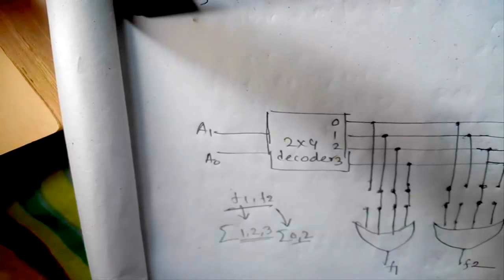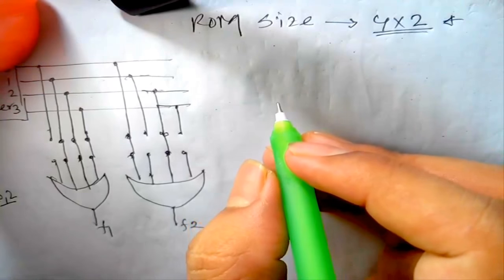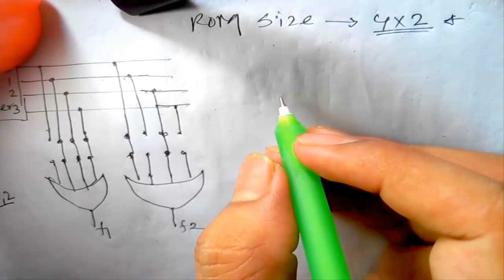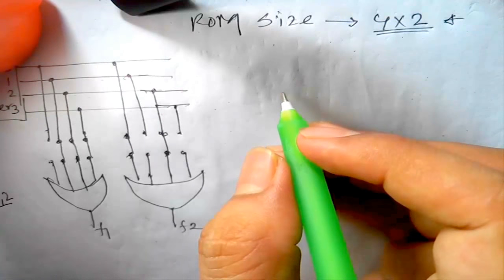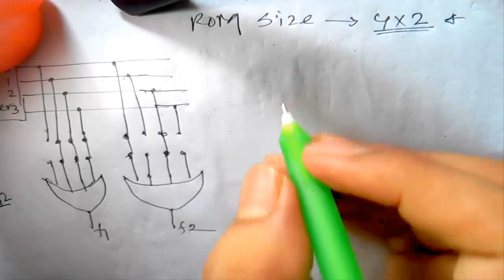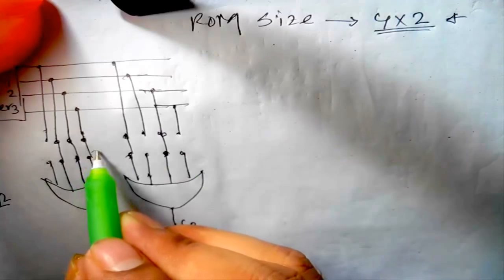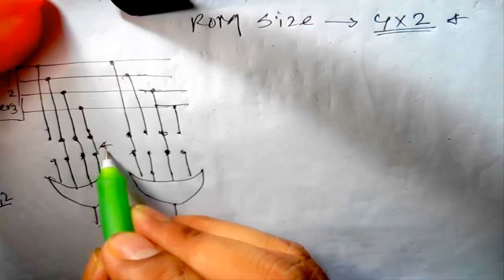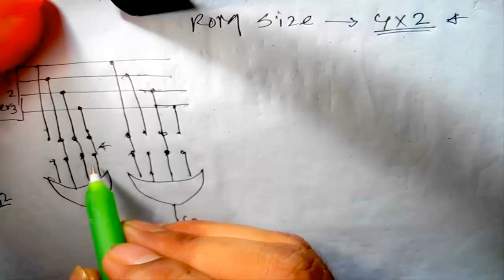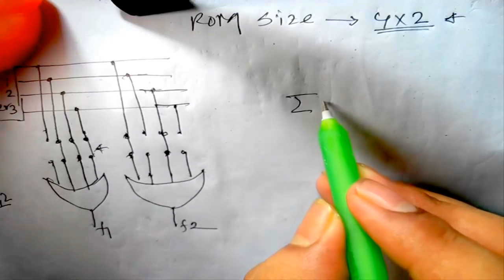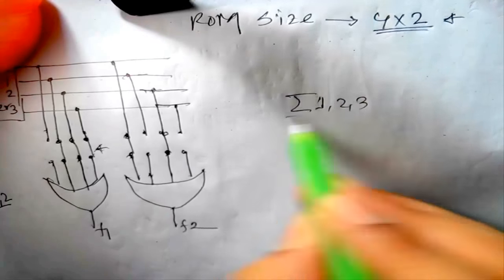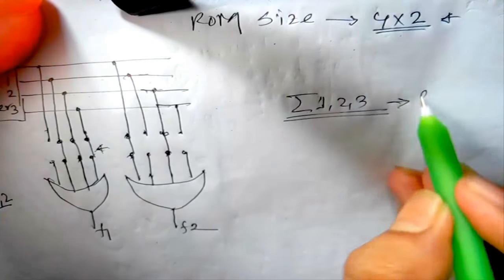One thing should be included, that if there is a question to show the invert implementation of the ROM, we need to connect the link into the invert portion. F1 is the summation of 1, 2, 3.